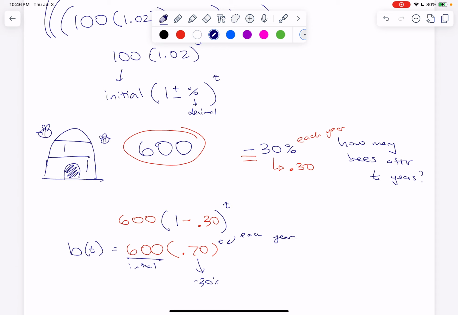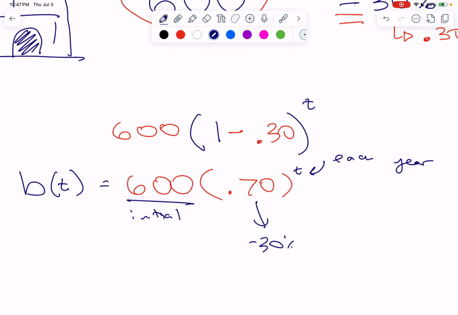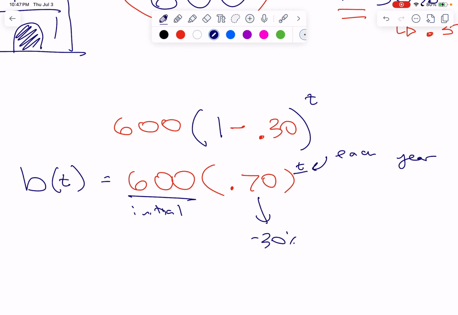Now the question might be for the harder problems, how would we change this if we didn't say each year? What if it decreased 30% every 3 years, meaning it didn't decrease every year? Well, what we'll do there is we'll take our T and we'll divide it by 3.